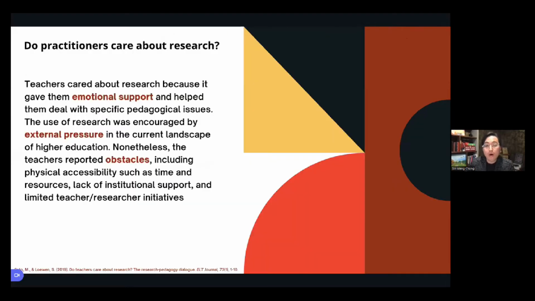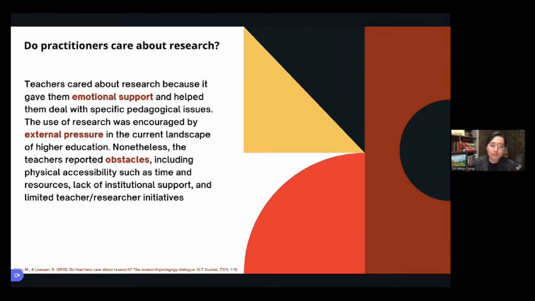Well, it's not all that negative, because in the same study, other teachers expressed that research is actually quite helpful and they care about research. Teachers want to read more about what researchers have to say about teaching and learning because that provided them with emotional support.